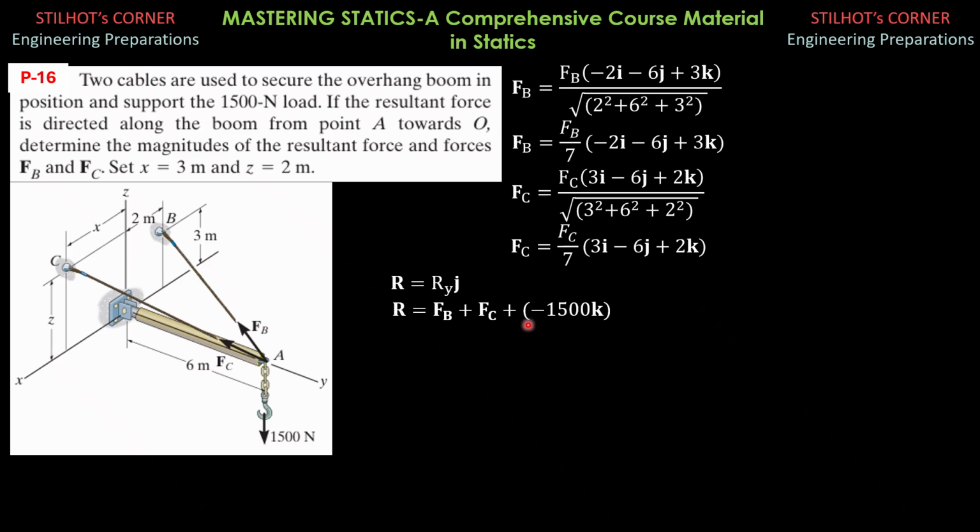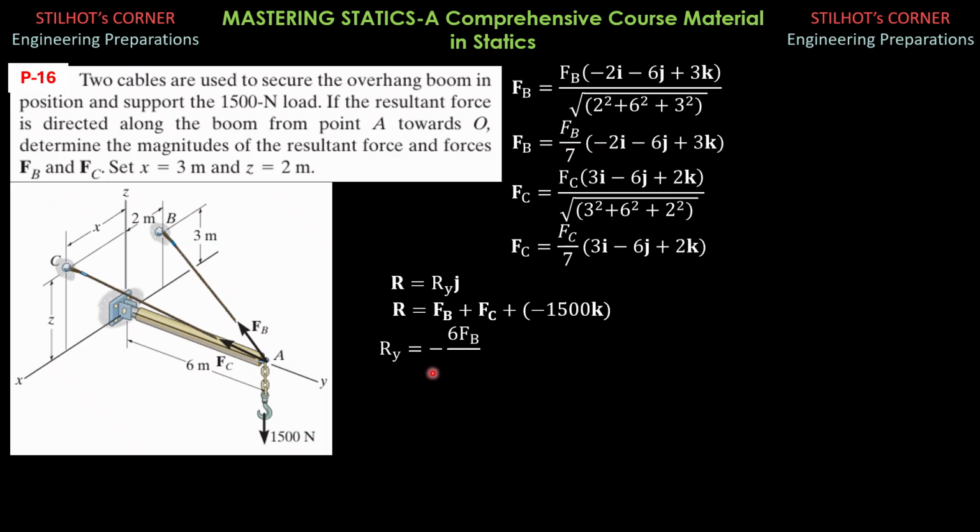So we equate Rx equals 0. So 0 equals negative 2 FB over 7, then positive 3 over 7 FC equals 0.